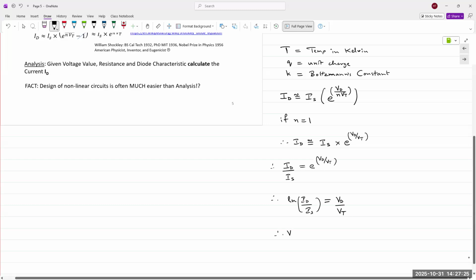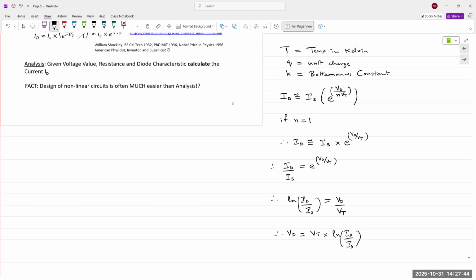And then therefore VD is simply the thermal voltage VT times log of ID over IS. Okay. And if N was not 1, if N was given, you'd simply throw the N in there. It'll be NVT times log of ID over IS. As we will see in an example just in a few slides. All right, let's take a pause. Let me know if you have any questions.